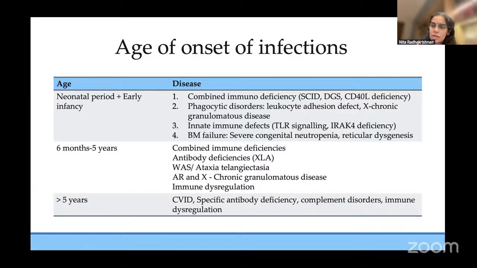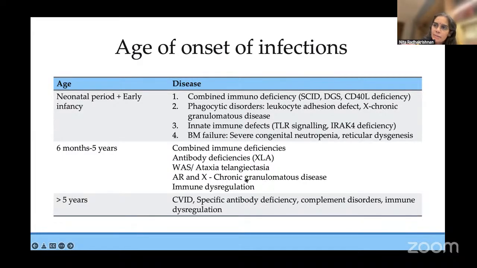These are usually sinopulmonary infections. And here again, common is X-linked agammaglobulinemia. Some of the combined immunodeficiencies can also present, which are not very severe to present early, but they start presenting after 6 months of age. And some of the other disorders like Wiskott-Aldrich, ataxia telangiectasia, etc., can also start manifesting at this point in time.